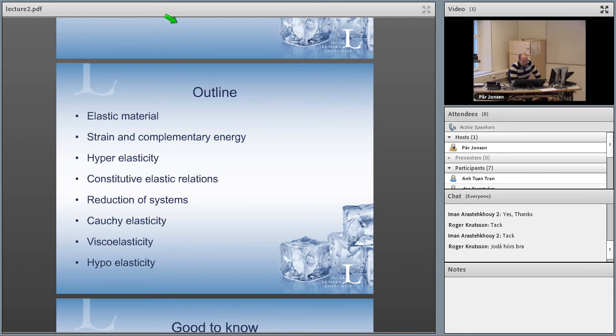Then we go into a little bit more general elastic model called the Cauchy elasticity model. Then we have these viscoelastic types where you have time dependency of your material, and then we end up with the hypoelasticity model.